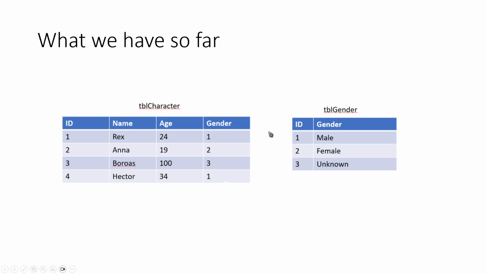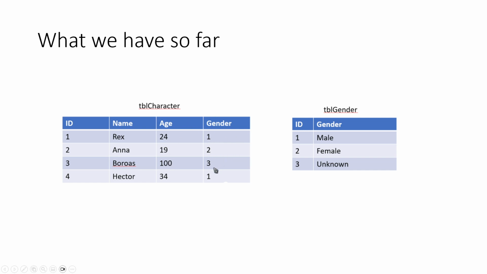The reason why we do this is because of a concept I'm going to go through with you in a later video in more detail, called normalization. But to keep things really simple, just imagine we had 1 billion characters in this character table. Massive data, lots of data. And we also used our character table to store the gender values.